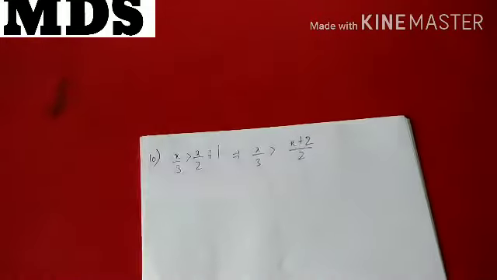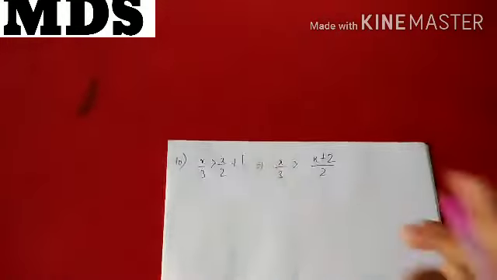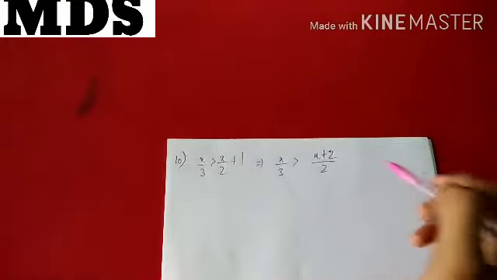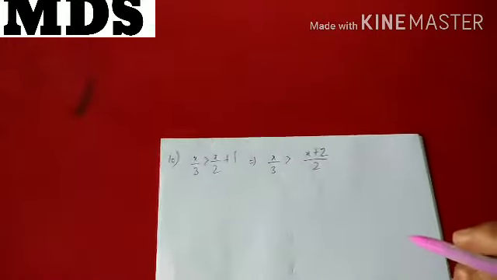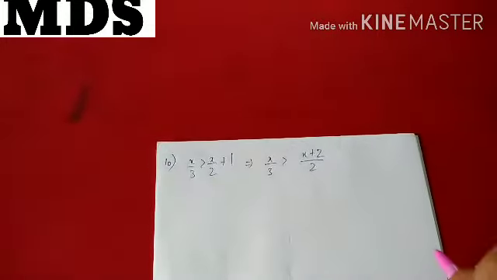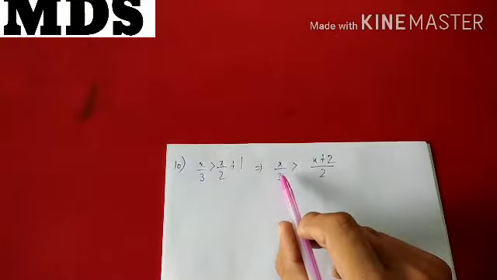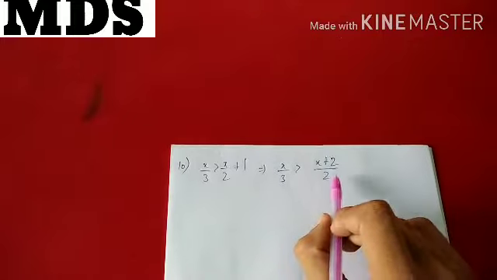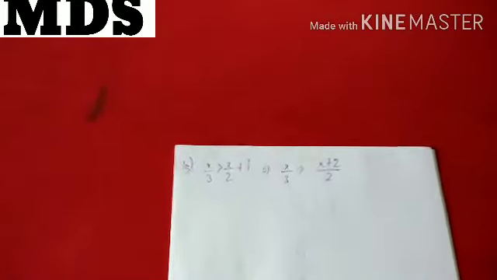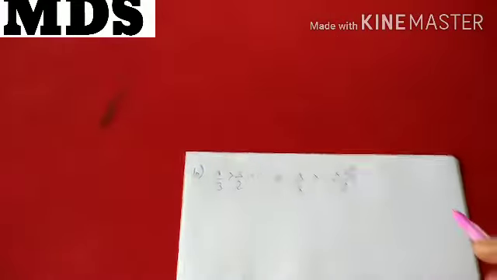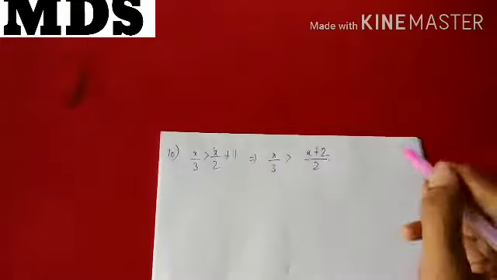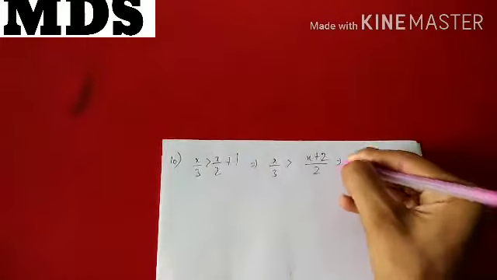Now what we can do, either we can multiply first of all both sides by 3 then by 2. Okay, it will be a two-step process. Or what we can do, we can multiply with a common multiple of these two. What is the common multiple of these two? 6. So we can multiply both sides by 6.